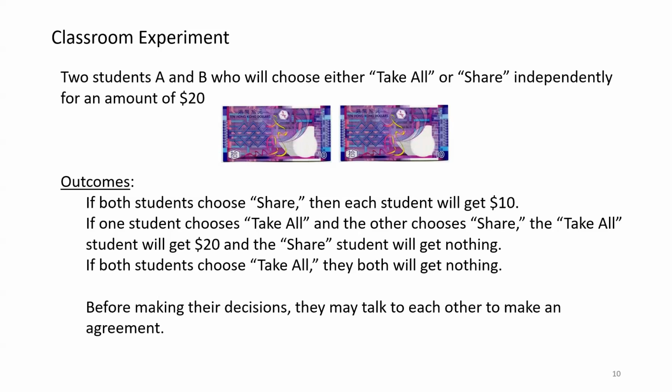If both students choose share, then each student will get $10. If one student chooses pick off and the other chooses share, then the pick-off student will receive all $20.